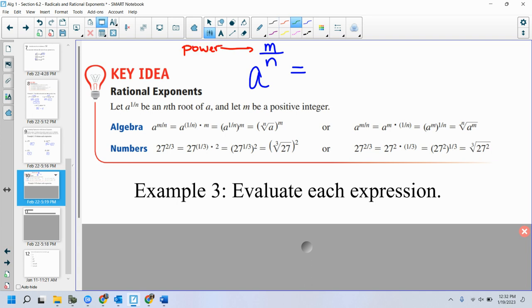The denominator of the fraction is what's called the root or the index. That's the fancy word for the root, the number inside the pocket.